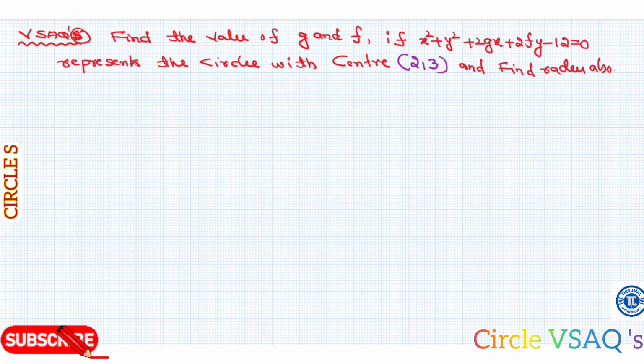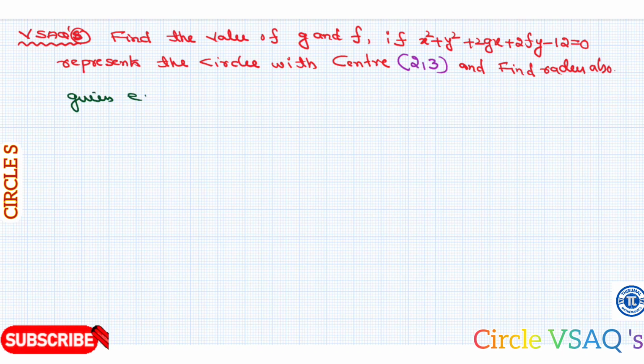Now question number 8. Find the values of g and f if the equation x² + y² + 2gx + 2fy − 12 = 0 represents a circle with center (2, 3), and find the radius also. Okay, now start.